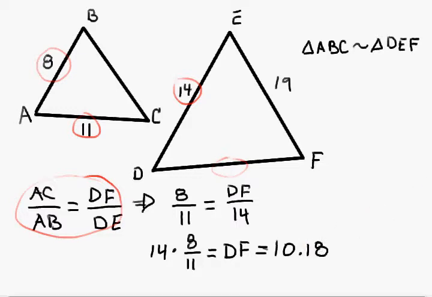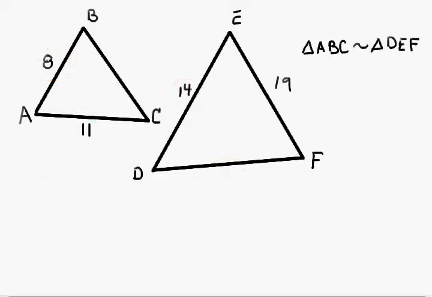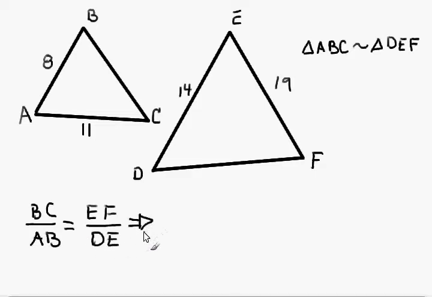Alright, let's do another one. We can also find the length of BC. BC divided by AB is equal to EF divided by DE. So that means that, see here, BC divided by AB, we'll fill in the lengths here, that's 8, is equal to EF, 19, divided by 14.